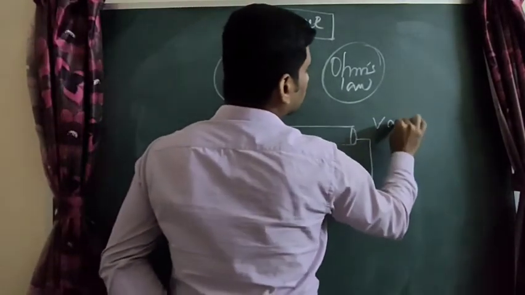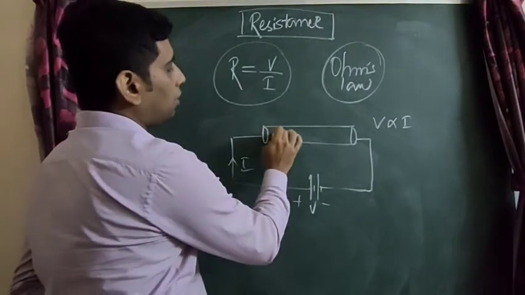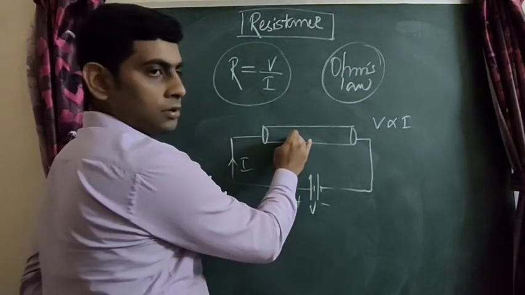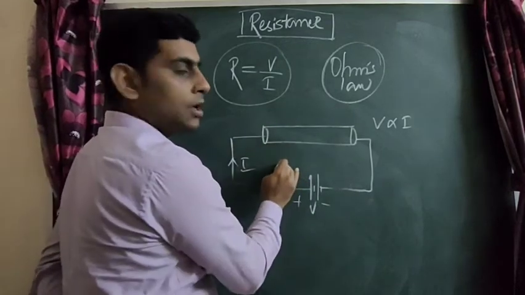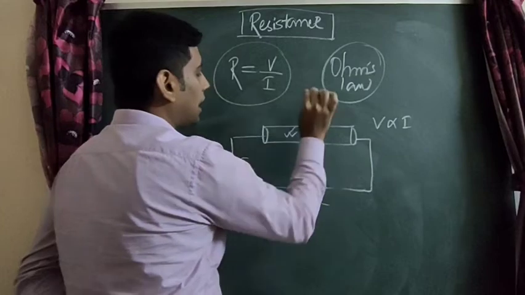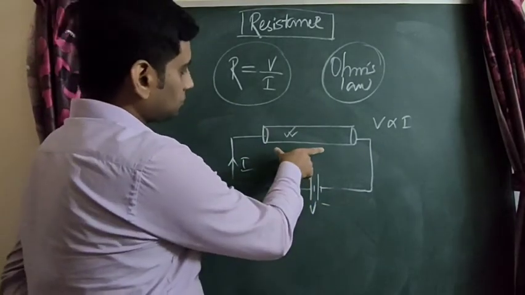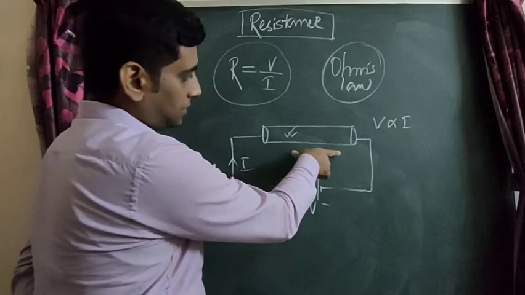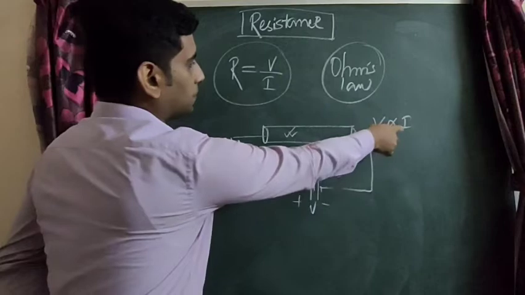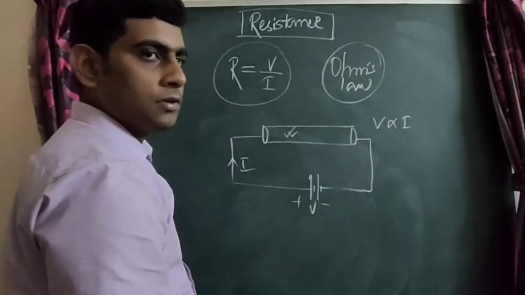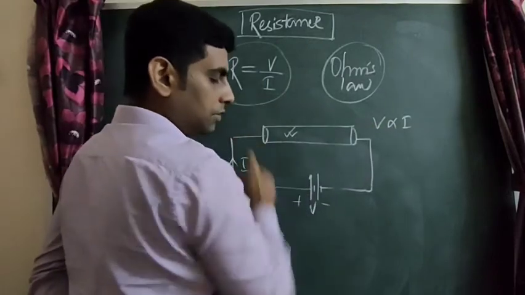So V proportional to I, provided the temperature and all other physical conditions of the conductor remain same. Means if the temperature, length, area of cross section, like these physical constants are present inside this conductor, then V is proportional to I.